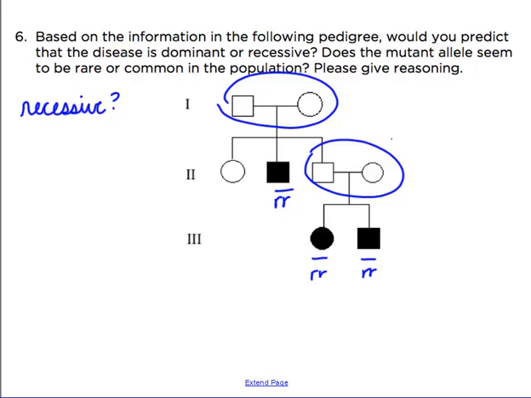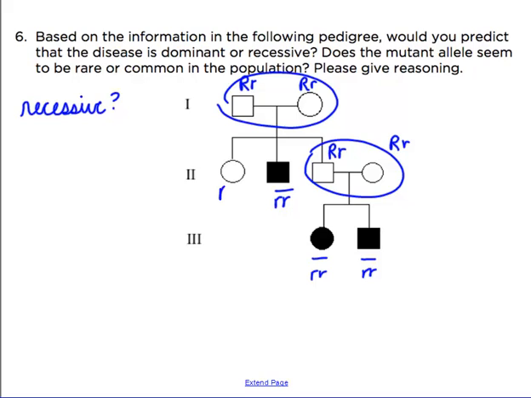So these parents here must be big R, little r, and the same for these parents here. We know that none of them are little r little r, because they're not affected. And the fact that they do have unaffected children is also another clear indication of that.